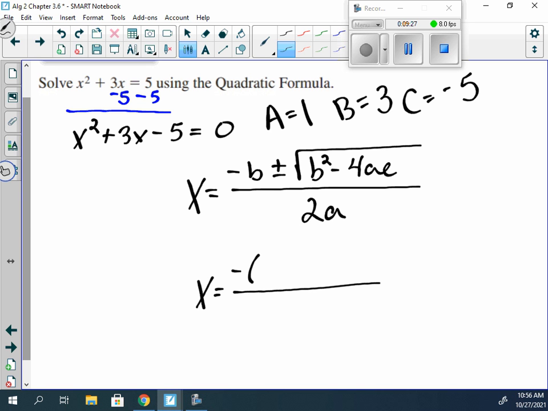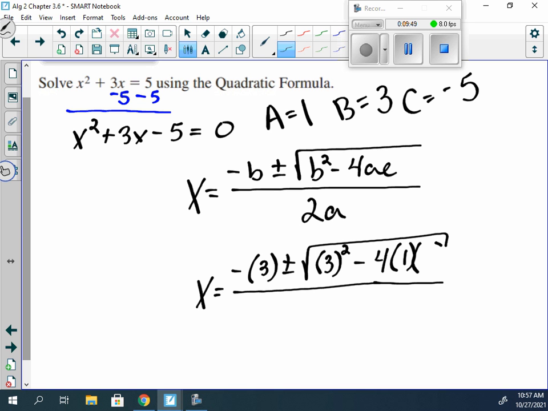So we'd have negative, and then we'd plug in 3 for b, plus or minus square root. So we said b was 3, so we have 3 in parentheses squared because we have b squared inside the radical. Minus 4 times a. What's the value of a? 1. And then c is negative 5, all over 2a. Well, a is 1.